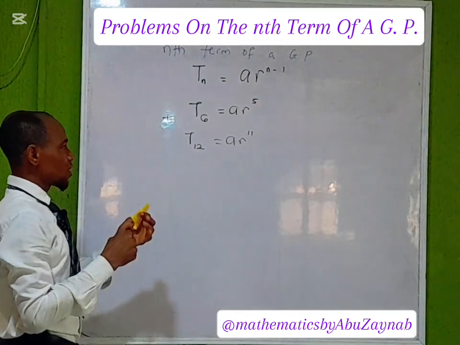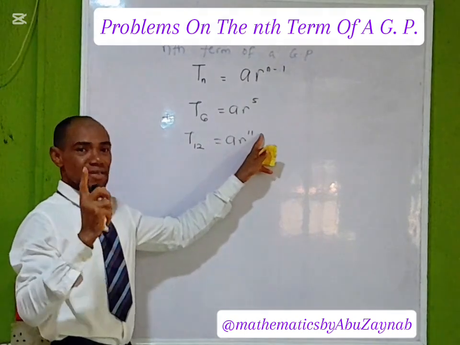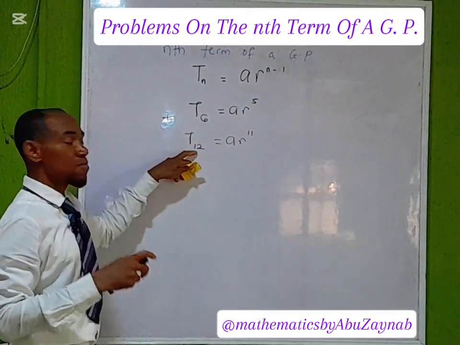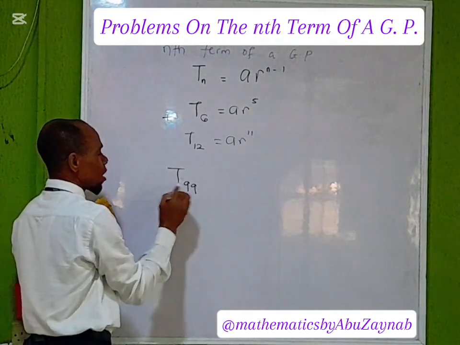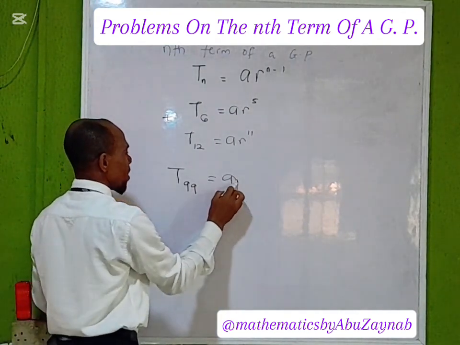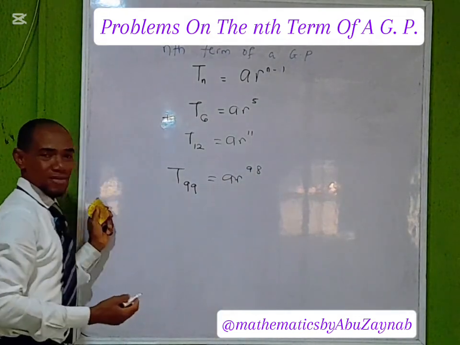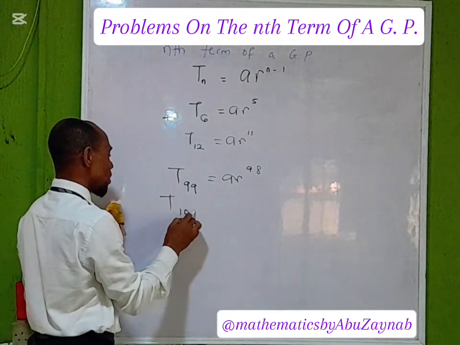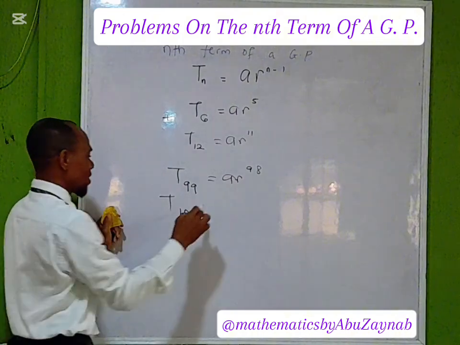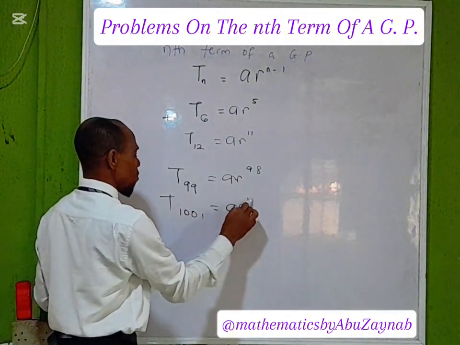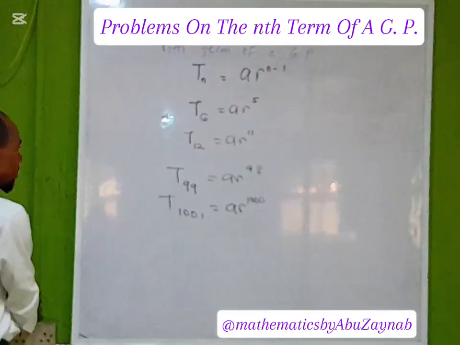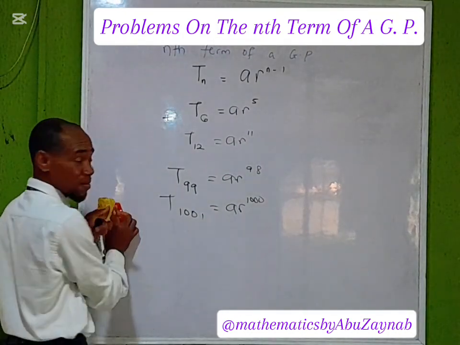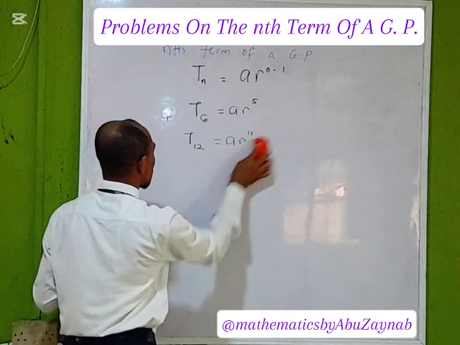So in other words, the power of R is just one less than the number of terms. So invariably, if you have to find the 99th term, that would be T99, which is simply A R to the 98. If you have to find the 1001st term, that would be A R raised to power 1000, which I believe is quite straightforward. So that's a very quick way of getting the nth term of a GP.